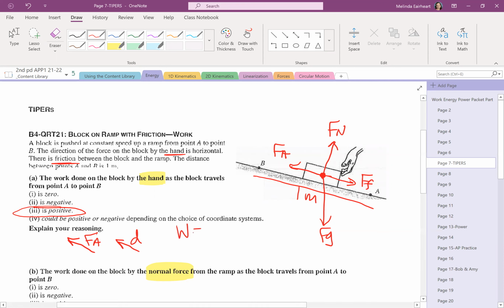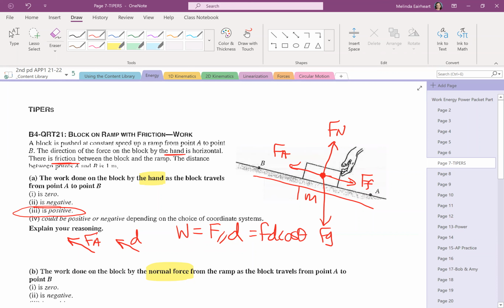And so work by any of the forces has to be parallel. So the emphasis on this one is about parallel. And so since they are the same direction, or you could go with that cosine theta, what's the theta separating up the ramp, up the ramp? What angle separates?